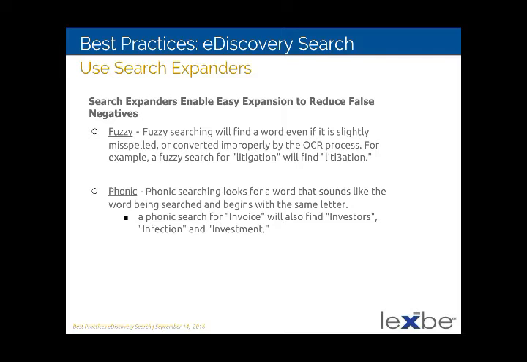For instance, the example I have here is the word litigation would also find litigation with a 3 instead of a G. Sometimes OCR can misread a word and convert it differently, but by clicking a fuzzy search button, whatever you type in that box will find anything that looks substantially similar, and it will eliminate the possibility of not returning documents that might otherwise be there except spelled incorrectly.